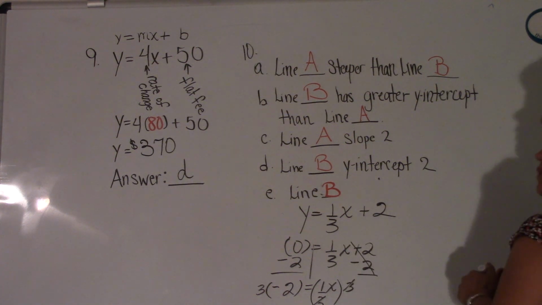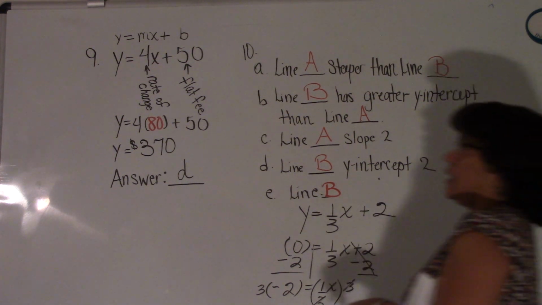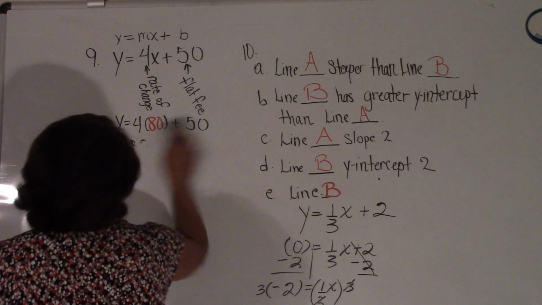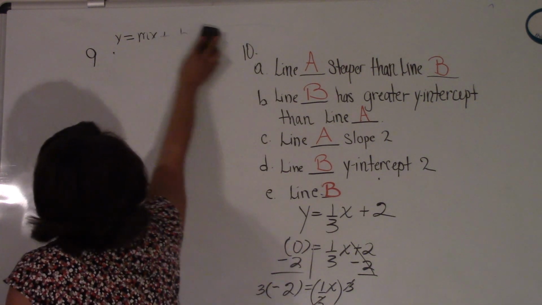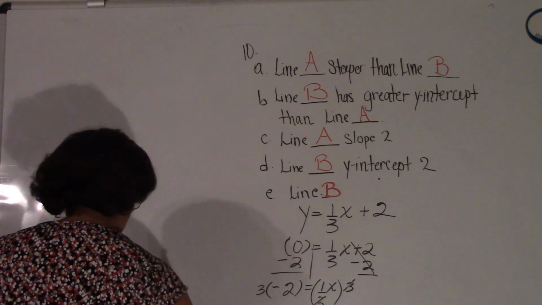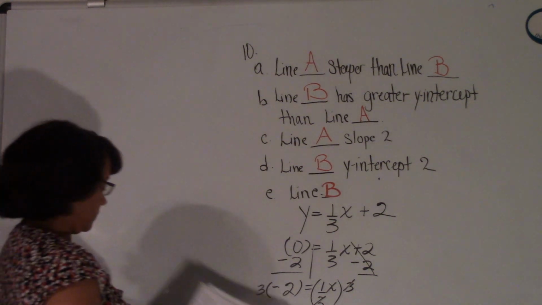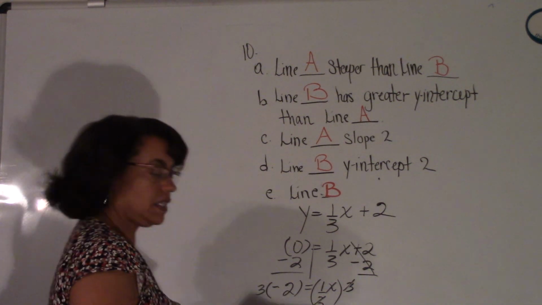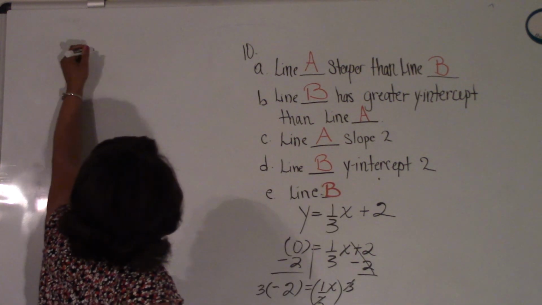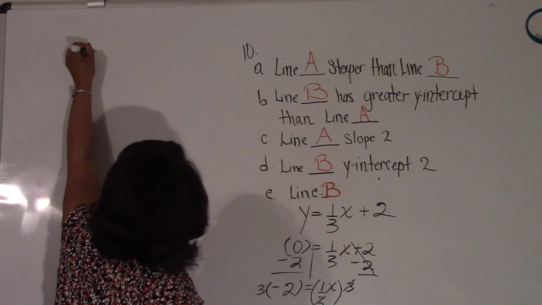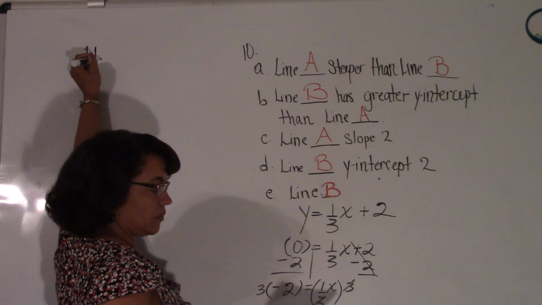I'm going to erase number 9 so that we can do number 11. In a moment, I'm also going to erase number 10. Number 11. This is the calculator active part of the test, so it's kind of nice because you can actually use your calculator to do number 11.